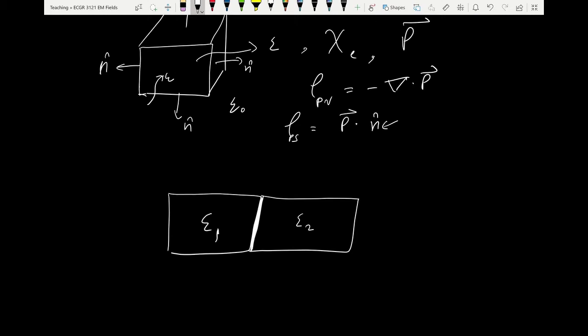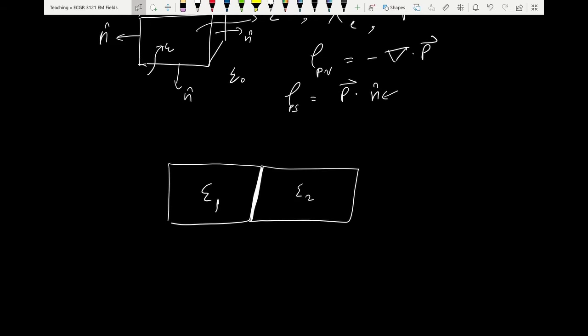So the question is, what is the effect of this interface on the electrostatic field, both as electric field intensity and as electric flux density? So this is material 1, and this is material number 2.